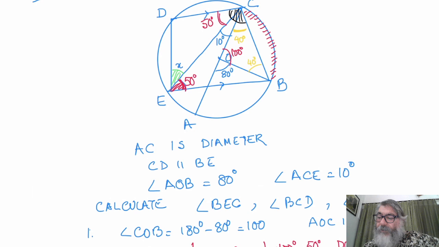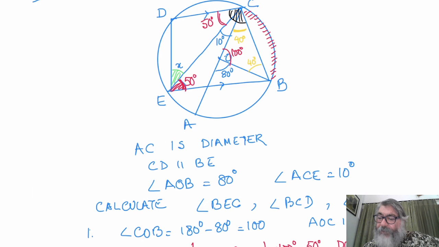The arc which I have hashed in red color subtends angle COB at the center, and the same arc subtends angle CB at the remaining part of the circumference. So the angle at the center is double the angle at the circumference. So this is 50, this is 100.